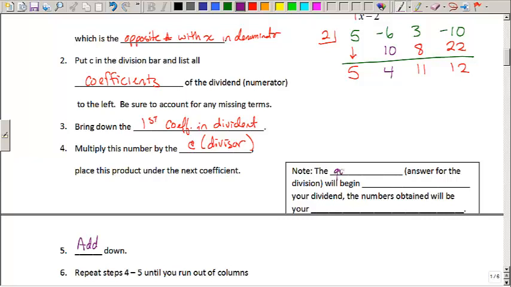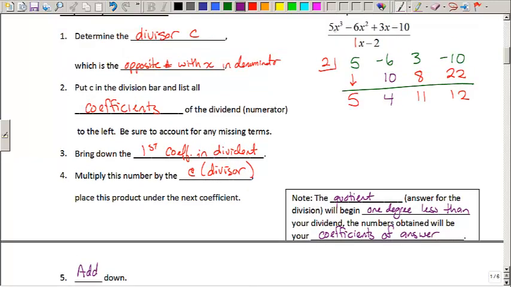Note that the quotient, which is the answer for the division, will begin 1 degree less than your dividend. The numbers obtained in the last row here will be the coefficients of your answer. So let's go back and answer the actual question. I was taking a dividend 5x cubed minus 6x squared plus 3x minus 10 and dividing it by x minus 2.